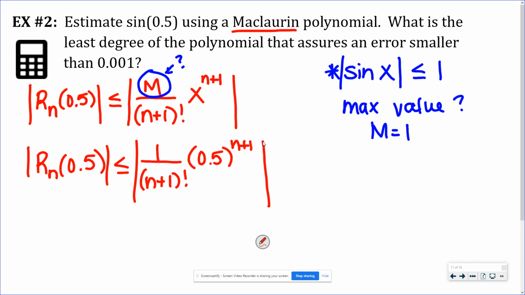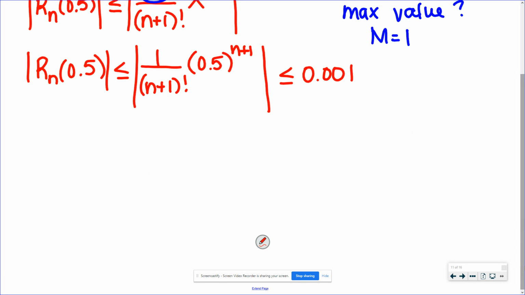Now, if you read the question again, it says, what is the least degree of the polynomial that assures an error smaller than 0.001? So I want this answer to be smaller than 0.001. The issue is I don't know the correct value of n that will give me that. And there's not a nice way to do this other than just guess and check.